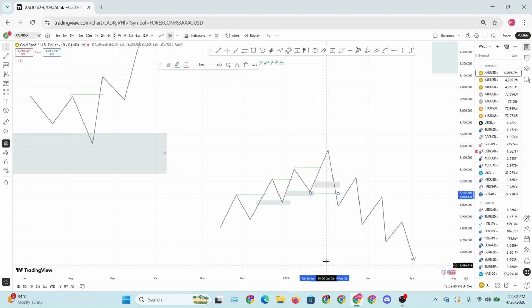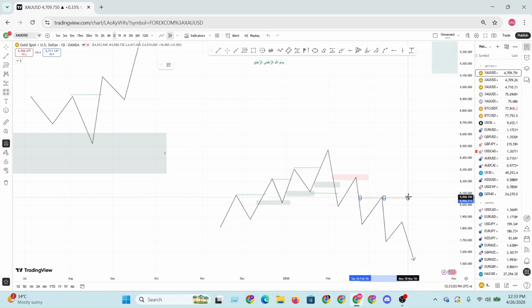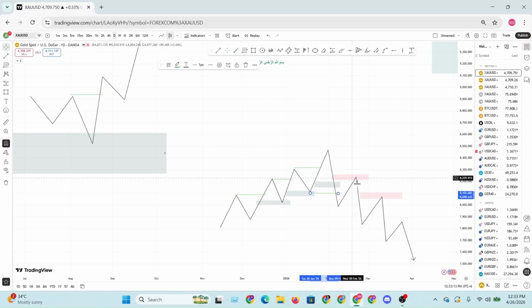From there we will look for sell entries. The market was bullish previously, but when it breaks this low, then we shift to sell. This is why it's called a market structure shift.